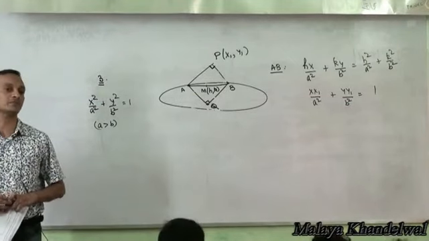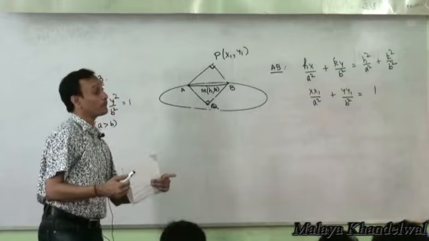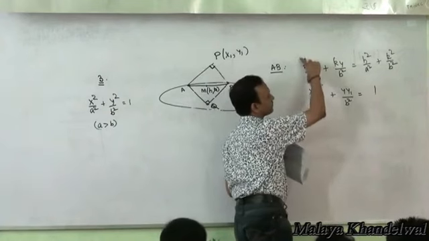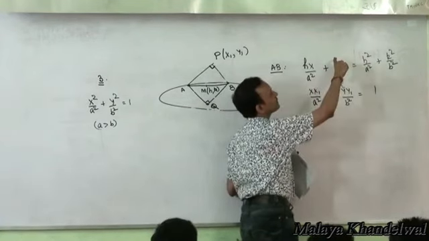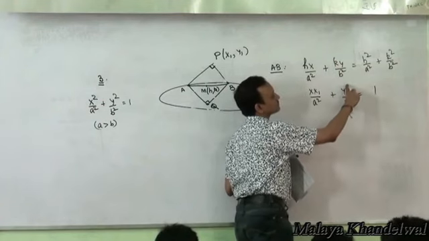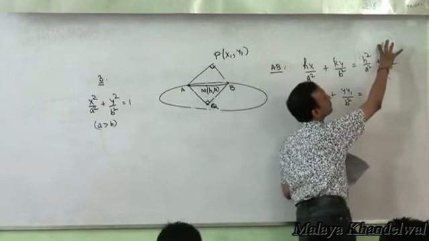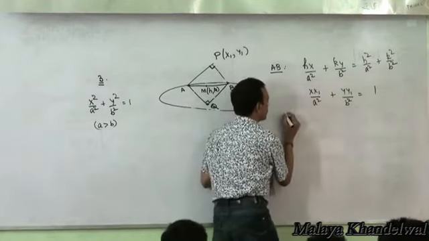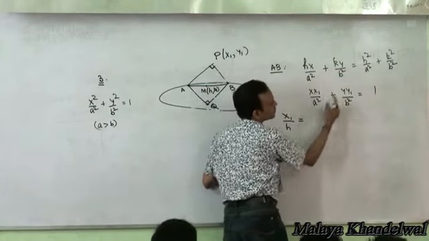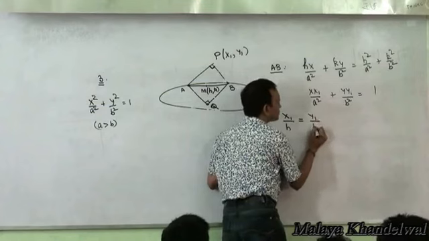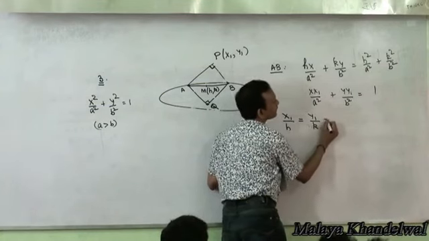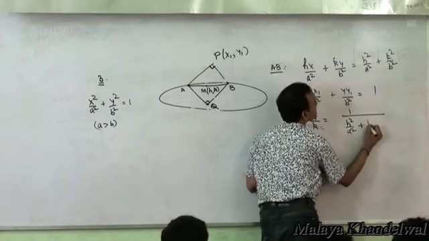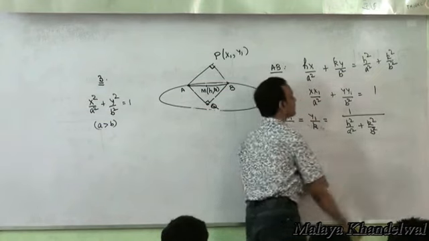So if two equations represent the same line AB, their coefficients must be proportional. That means h by a squared divided by x1 by a squared must equal k by b squared divided by y1 by b squared. The other way around, x1 by h must equal y1 by k, a squared and b squared get cancelled, and must equal 1 by h squared by a squared plus k squared by b squared, right?